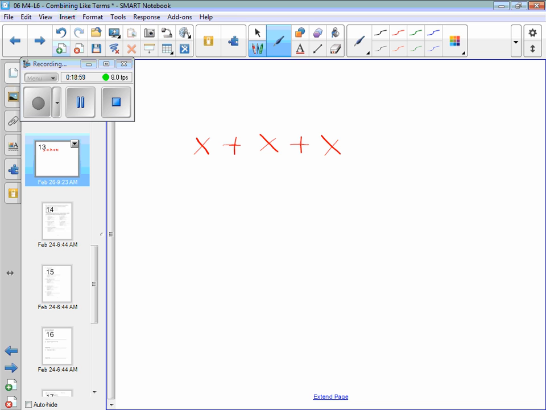Everybody agree? 3x? What about this? I'm not going to read it out loud to you, but count them up. Joe. Everybody agree 5s?